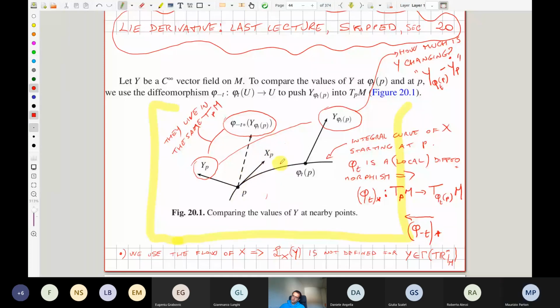For every situation, you have a maximal integration path. And then you have this curve, and I want to take the limit of the difference between this vector and this vector, the limit as the point tends to P. This is more or less what you were trying to say.